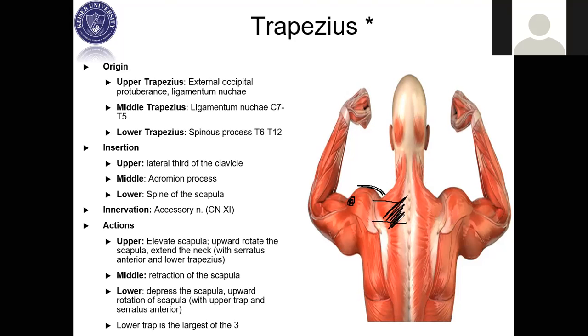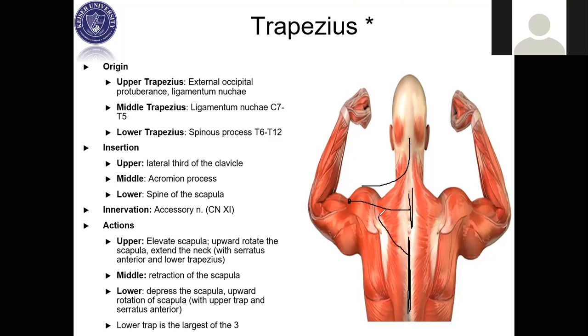So again, upper trap from the occiput to the clavicle; middle trap, the C7, T5 area to the acromion process. The lower trap goes from the T6, T12 area, so this area here, and it inserts onto the spine of the scapula up here.